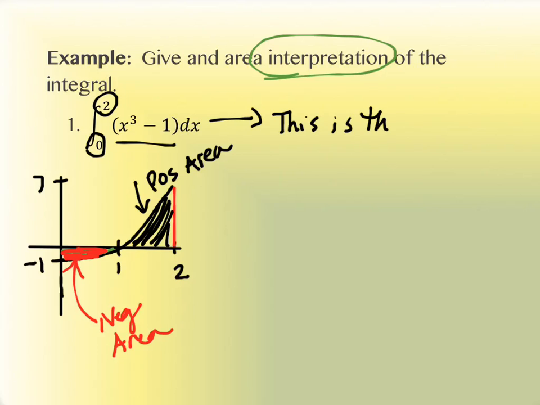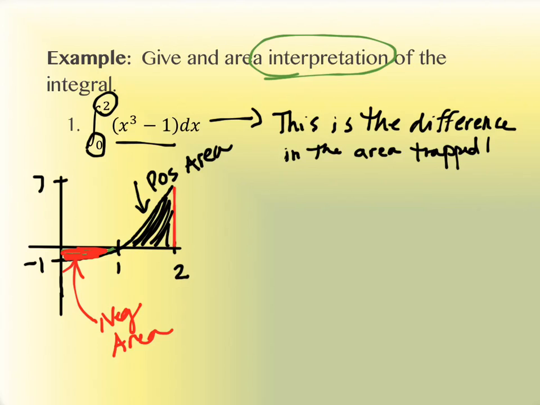This is the difference in the area trapped between the curve and the x-axis from 1 to 2.